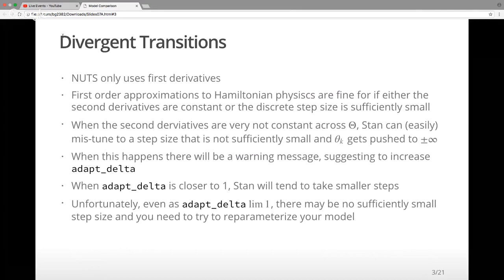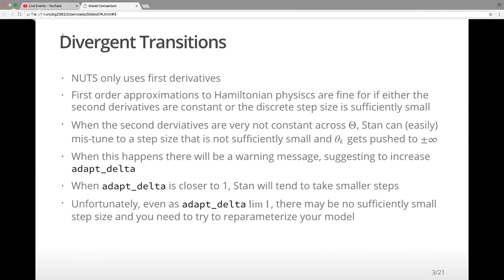It's no longer sufficiently close to the true Hamiltonian. And if this gets bad enough, which is not particularly hard to do, some of the parameters may essentially go off to infinity. They just fly off the surface defined by your posterior kernel. And that is not legitimate.